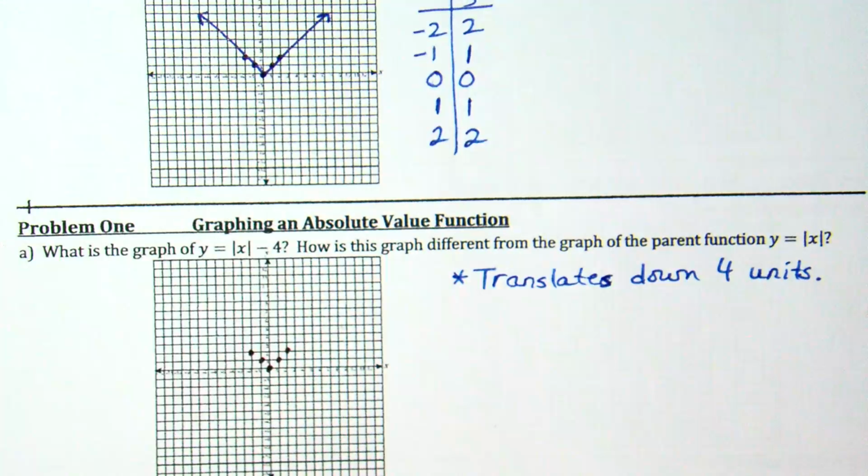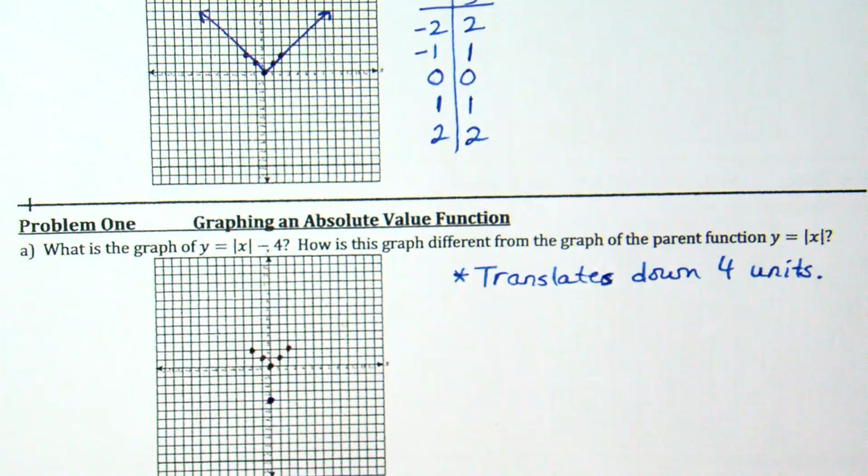What do I need to do? If this translates down 4, what do I need to do with each of those dots? I'd say probably bring it down 4. Or, even easier, take the vertex down 4. 1, 2, 3, 4.